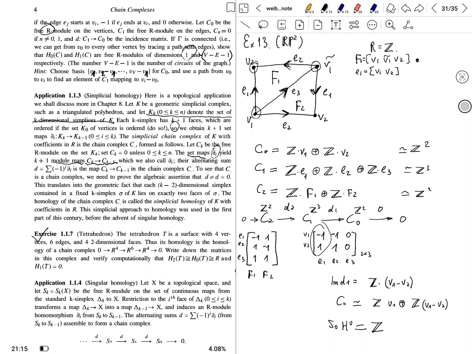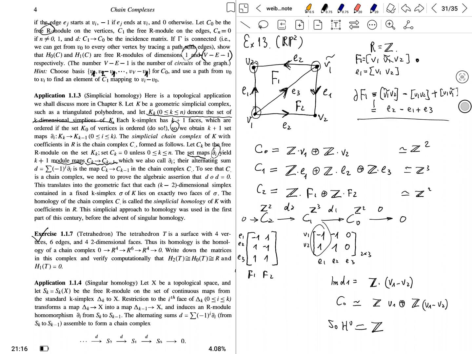Removing each edge in turn gives the corresponding vertices. So partial F1 should be E2 minus E1 plus E3.